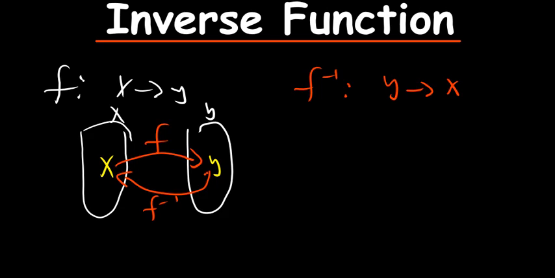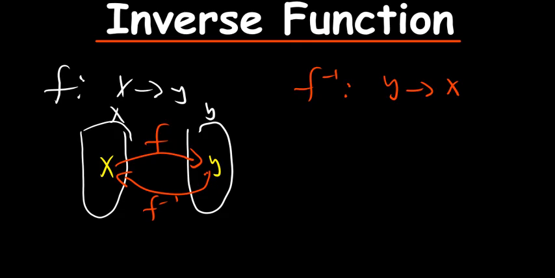Another thing is the domain of the inverse function is the range of the function, and the range of the inverse is the domain of the function. I'm going to explain.